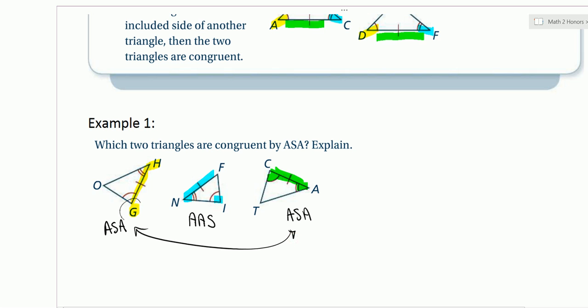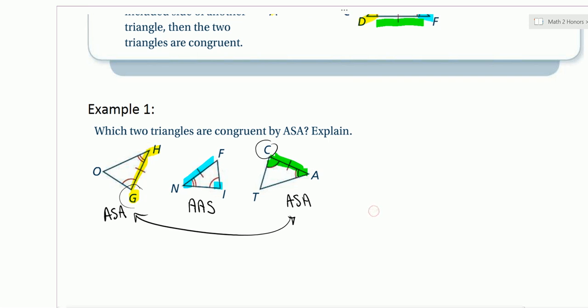Well, yes, because G is congruent to C. So angle G is congruent to angle C. We have angle H congruent to angle A. And lastly, we have side GH congruent to which side?